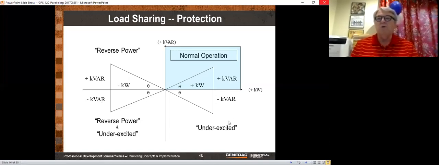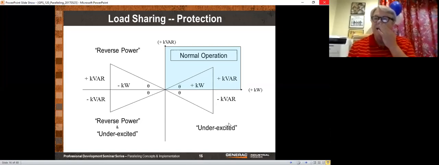Let's go over to quadrant 4, taking a look at the reverse kilovar. Why would that be a problem? Well, it turns out that you push DC current into the field of the alternator, and the alternator produces a voltage. If you put capacitors on the line, then what you would be doing is providing kilovars to the generator. And when that happens, those kilovars provide excitation to the generator, and in order to control the voltage, we have to reduce the DC current going into the field.